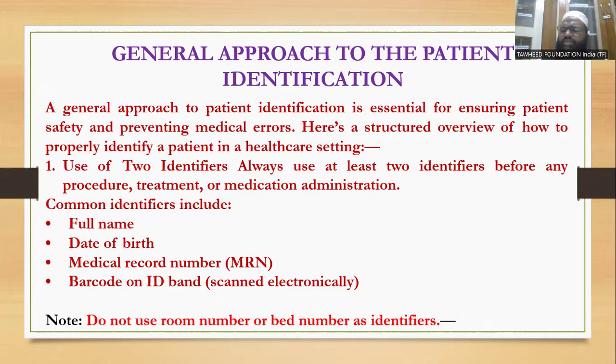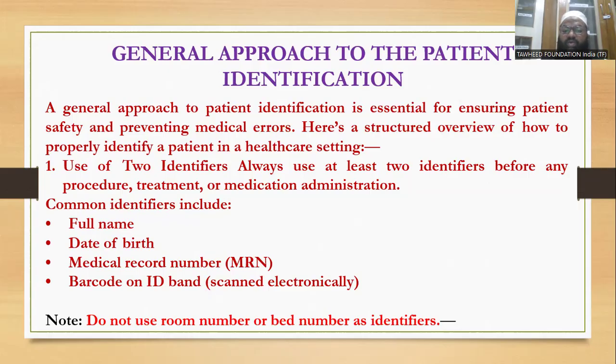Always use at least two identifiers before any procedure, treatment, or medication administration. Common identifiers include full name, date of birth, medical record number, MRN, or unique ID, UHID, as we call it.